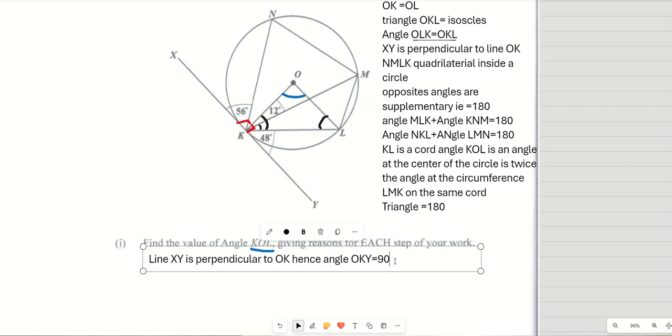After we know that, we can say that also OKY is equal to 12 plus angle MKL plus 48. We can see that, right? That is this angle right here. MKL, that's this one right here. So we can say that 90 is equal to 12 plus 48 plus MKL.